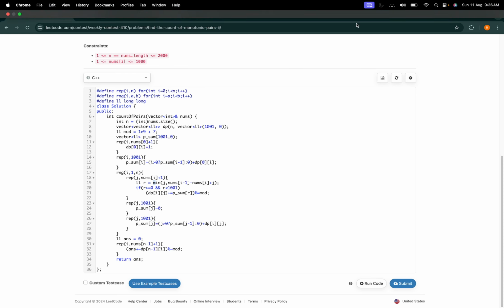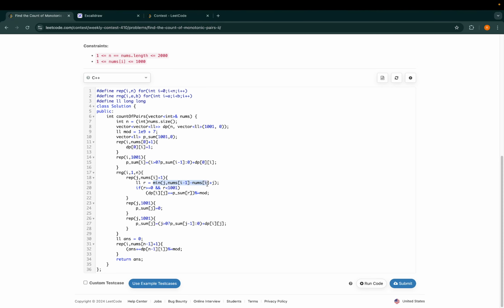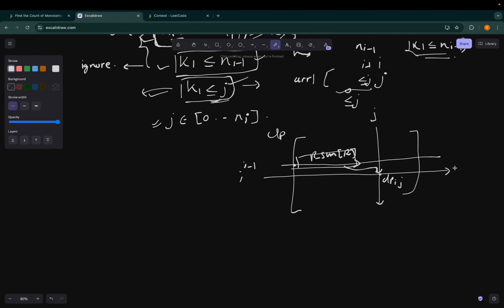That's pretty much it. Just calculate the range r and do the prefix sum on it, just add that prefix value, and then you reset that prefix sum and recalculate the prefix sum for that particular line. So after you're done calculating this, you have to calculate the prefix sum for this in order to get ready for the i plus 1 state, right?